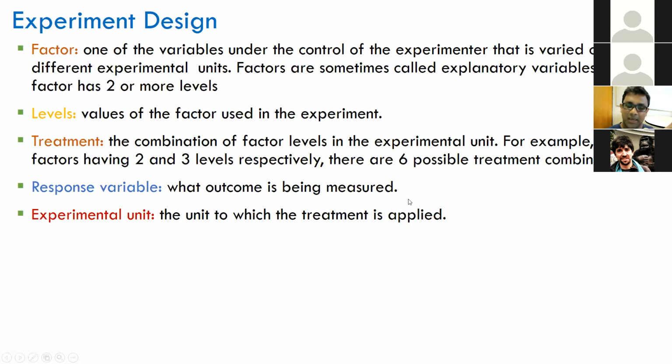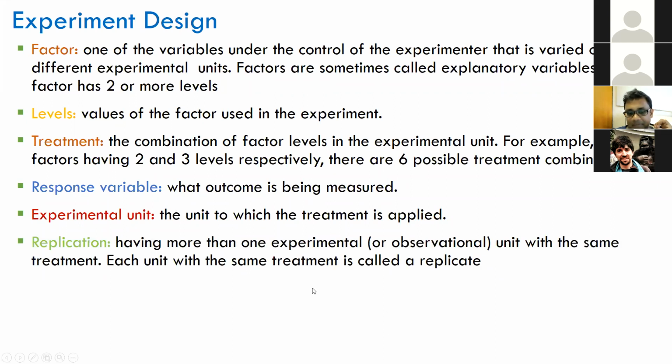This is the main part where replication and pseudo replication diverge. If you cannot understand what your experimental unit is, you will end up with pseudo replication. I will get back to pseudo replication later, but the important thing is the experimental unit, the unit to which you apply a treatment.